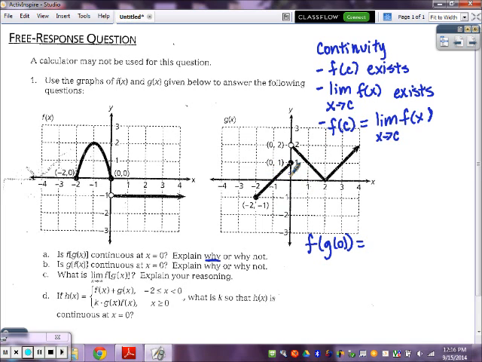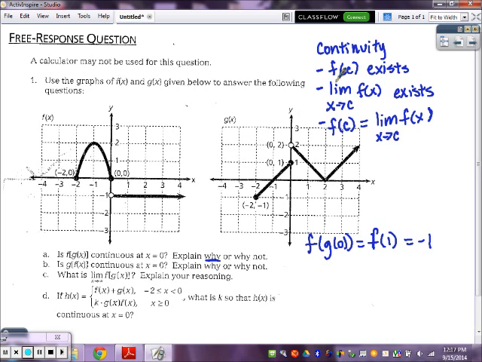Where x is 0, g is assigned the value of 1. So g of 0 is 1, but I still have to evaluate the function f at that value. So f of 1 over here, if I go to x is 1, it's negative 1, so that equals negative 1.